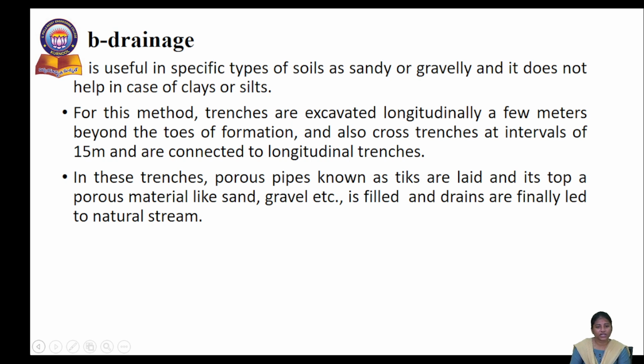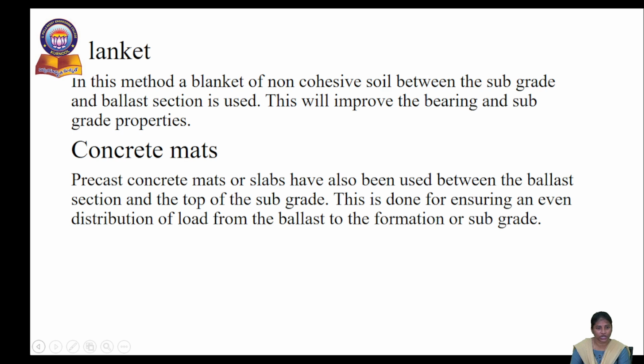In these trenches, porous pipes are laid, and on top a porous material like sand, gravel, etc. is filled, and drains are finally led to a natural stream.